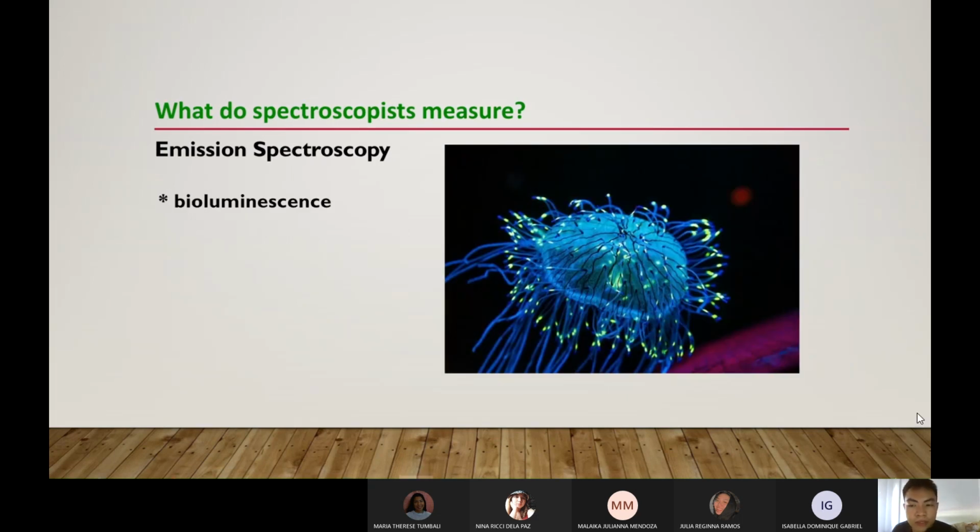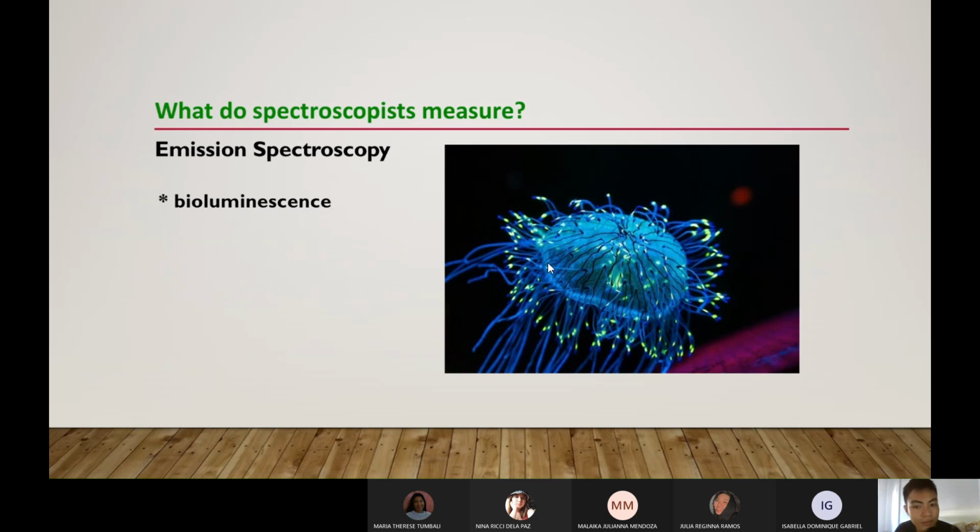Another application is bioluminescence. Apparently there are animal species that emit light.